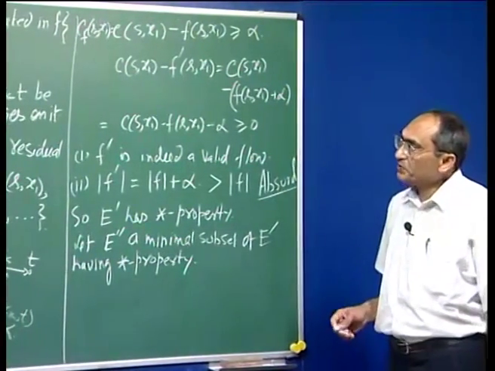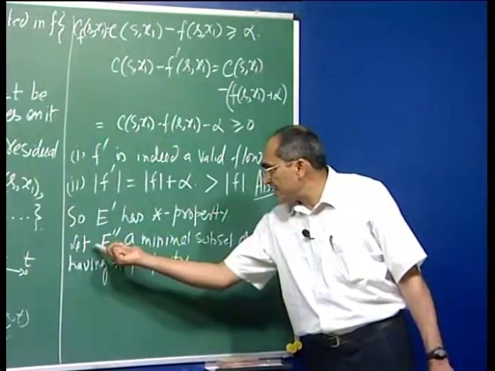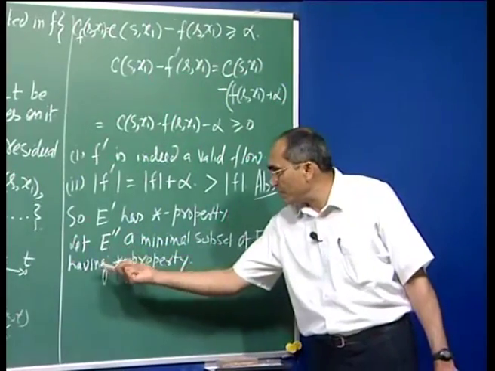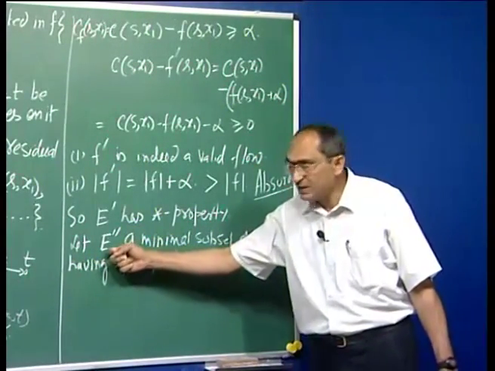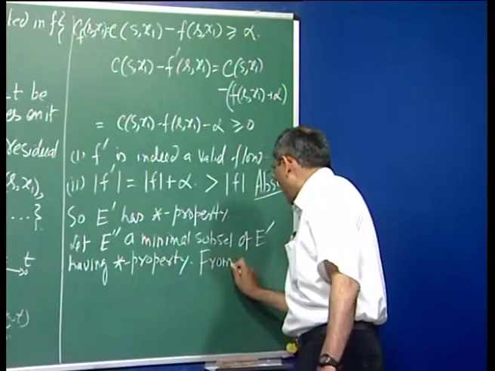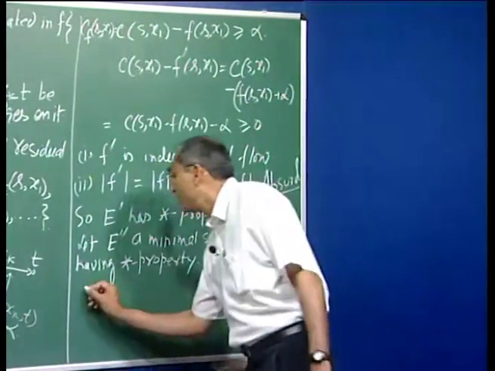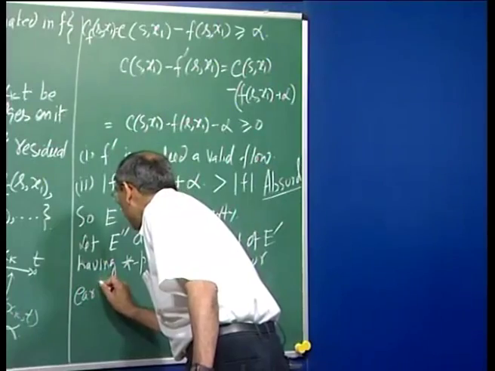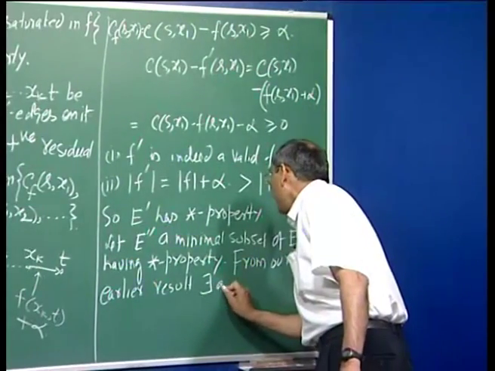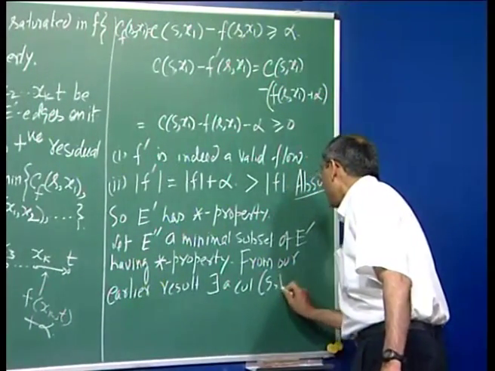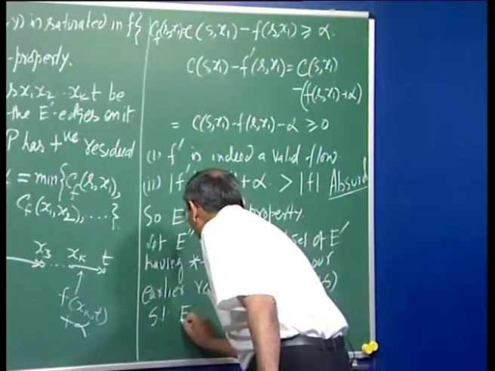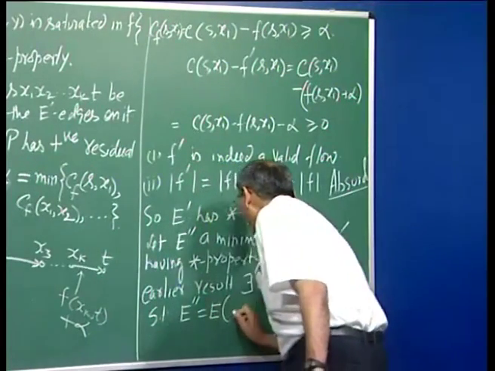Now, we have shown that whenever a set of edges has this minimal set, E double prime has star property, it is actually the edge set of a cut set. So, from our earlier result, there exists a cut S comma V minus S such that E double prime is the edge set of this cut.